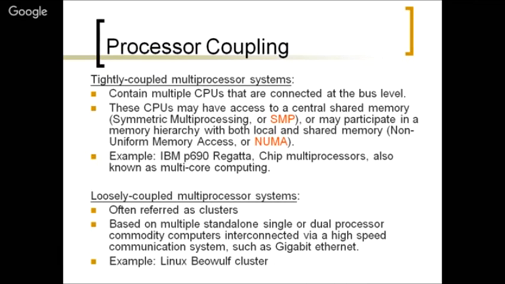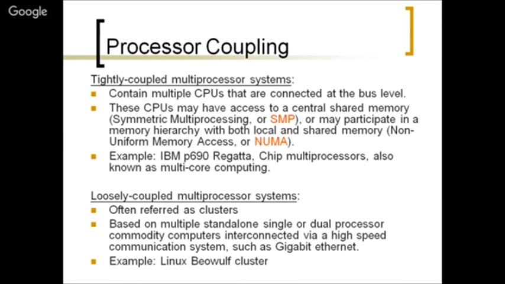In the tightly coupled, multiple CPUs are connected at the bus level. You know bus topologies already. So we have a single bus, and whatever the number of CPUs in your system, they are connected on that single bus.